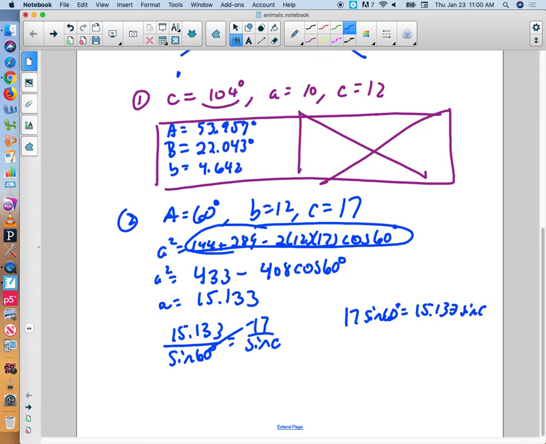If it does, I'll just keep moving. I don't know if it is or not. I'm going to divide this by 15.133. Some of you that are helping me out here, hopefully you'll say 17 times the sine of 60 divided by, and pull that big number down. And then push inverse sine. Tell me what you get for C.